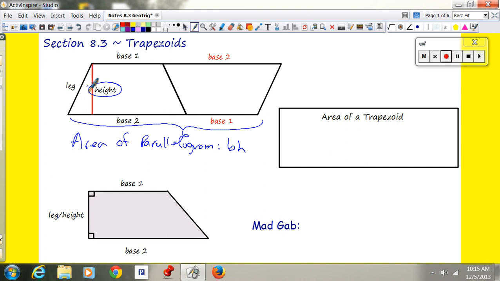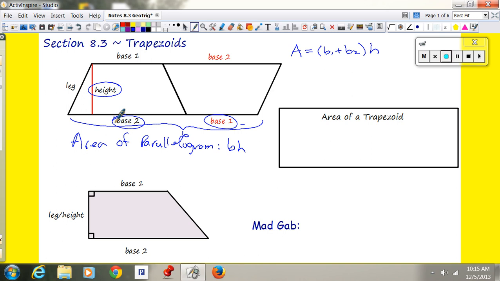I have my base all the way across the bottom, and then I have my height. So for this parallelogram, the base actually consists of the base number 1 plus the base number 2. Because you got a base 2 here, you got a base 1 here. The whole base all the way across the bottom is consisting of those two added together. So these two bases added together times the height would be my formula for this parallelogram right here.